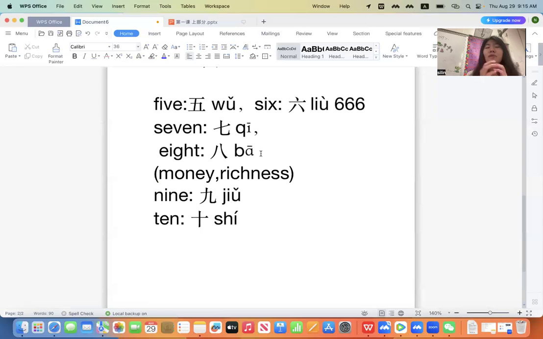So a lot of people like to pay a lot of money to purchase a lot of 8s together, like for your telephone number or for your driving license plate. They would like to pay a lot of money because it stands for richness. They believe that if you have this number, money will follow you everywhere.